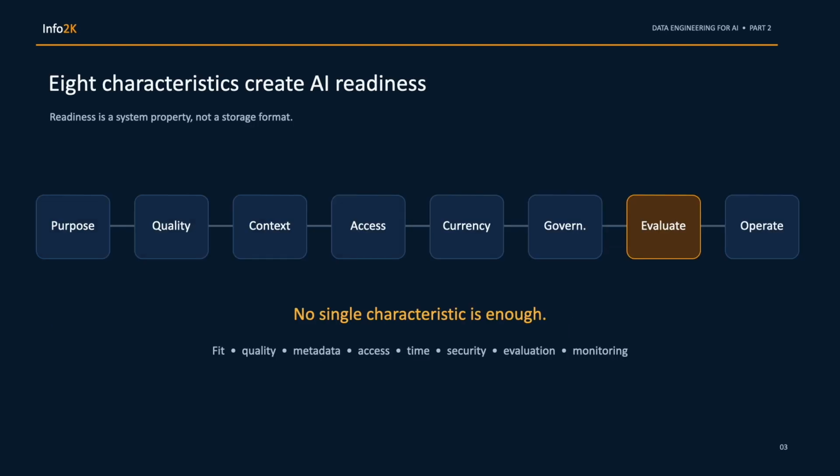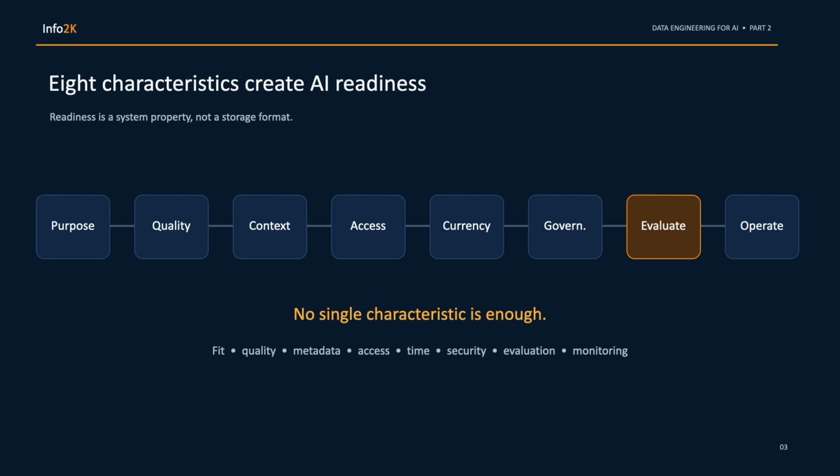This slide summarizes 8 characteristics that work together to create AI readiness. First is purpose. The data must be relevant to the task the AI is expected to perform. Second is quality. It must be accurate, complete, consistent, valid, and timely enough for that task. Third is context. Definitions, units, ownership, source, effective date, and relationships must be understandable.